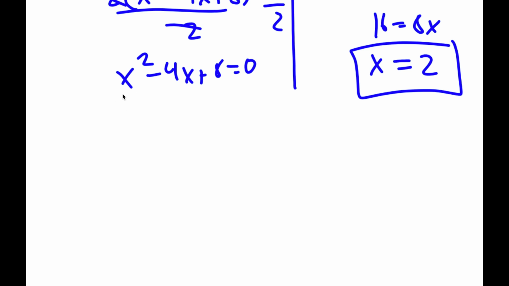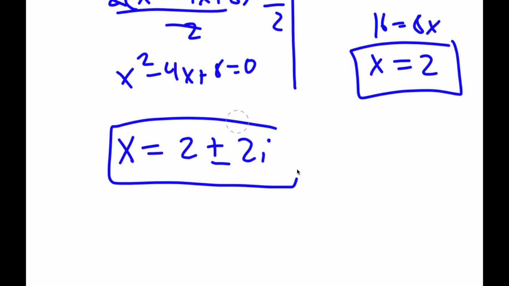I'm actually not going to waste your time by solving this, because that's going to take a while. But you do end up getting x is equal to 2 plus or minus 2i.